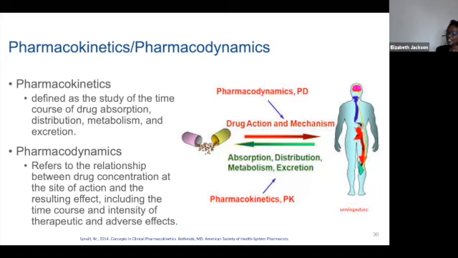That includes the time course and intensity of therapeutic and adverse effects. And that is shown in red. I know that the figure is trying to depict the kinetics and pharmacodynamics, but if you follow the green and the red, that should help to explain. Next slide, please.